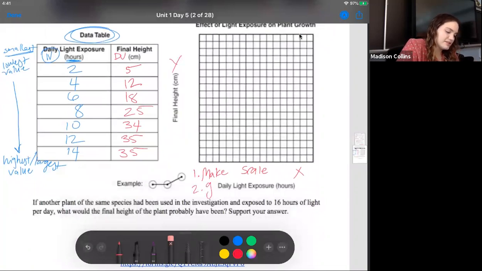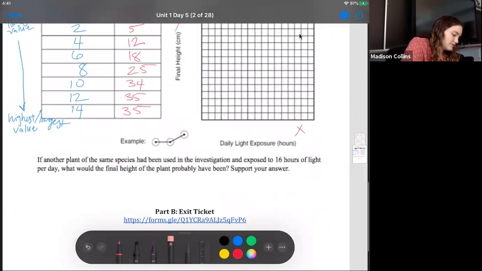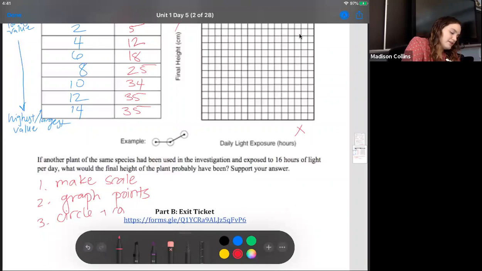All right, let's write your to-do list down here. So 1, make your scale. 2, graph your points. And then 3, circle and connect your dots.